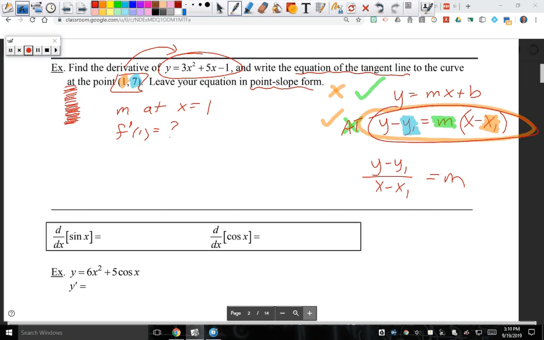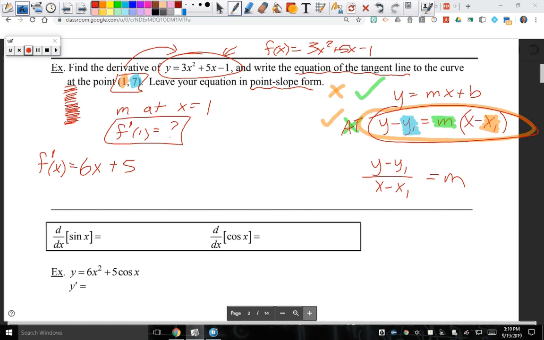So here we go. Let's change this so that you understand what I'm doing, to f of x equals 3x squared plus 5x minus 1. What's the derivative? What's the derivative function, f prime of x? 6x plus 5.